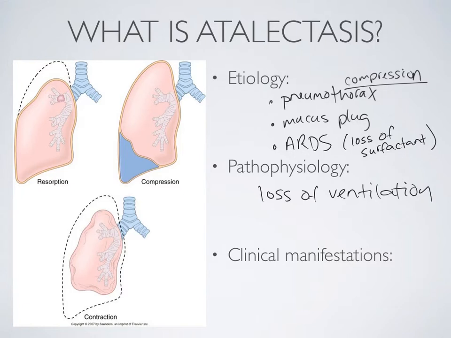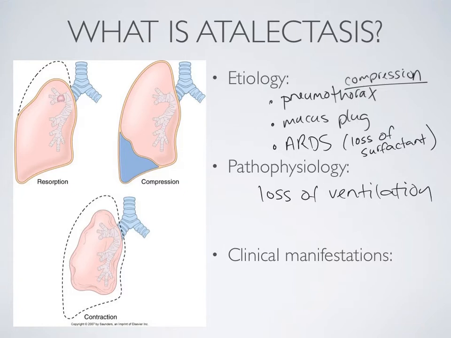So there's two things, whenever you're thinking about pathophysiology in the lungs, you think about ventilation and perfusion. So is there adequate ventilation? Is there adequate air coming into the lungs? And is there adequate perfusion? Is there adequate blood coming in? Because remember, you need gas exchange between the air spaces and the capillaries. So you're looking at ventilation and perfusion.